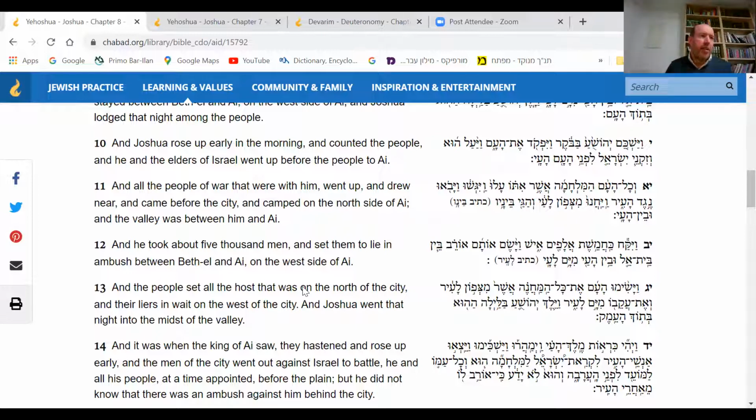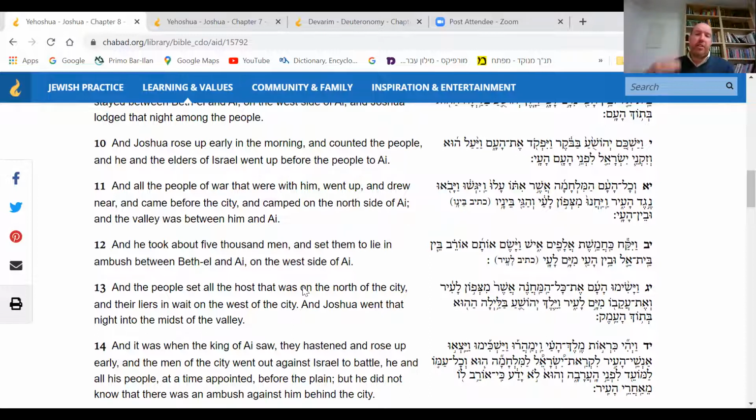And if we look in many of the classic Middle Age Jewish commentators, the approach was indeed that there were two ambushes, and it's explained by Rashi, by the Metsudot, and by Radak.